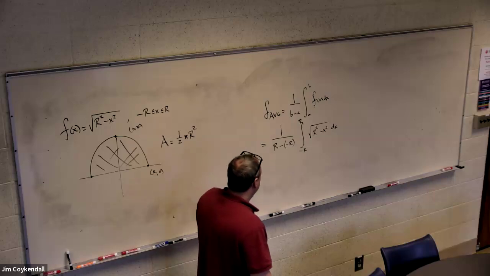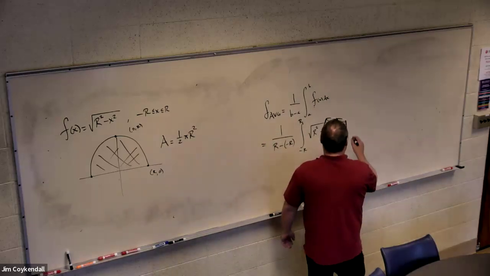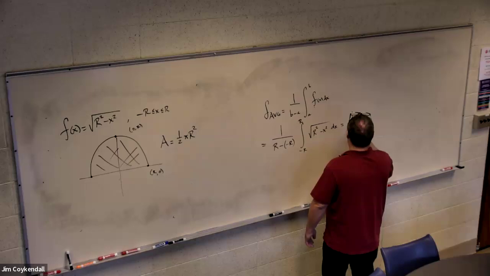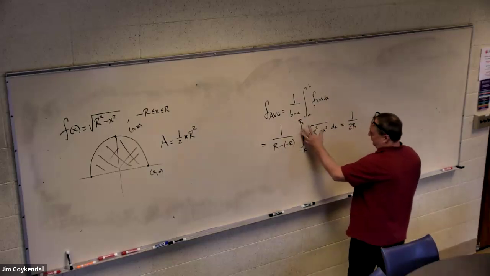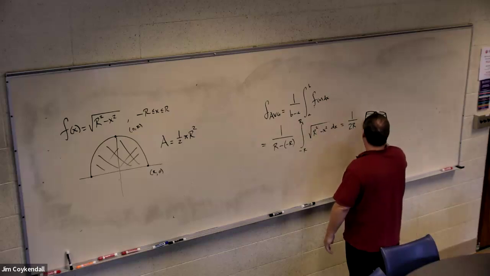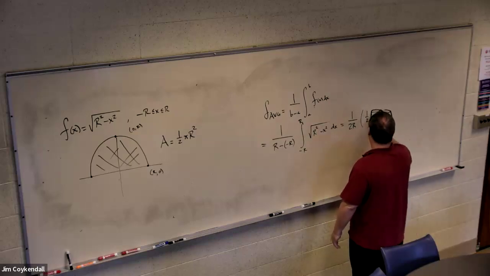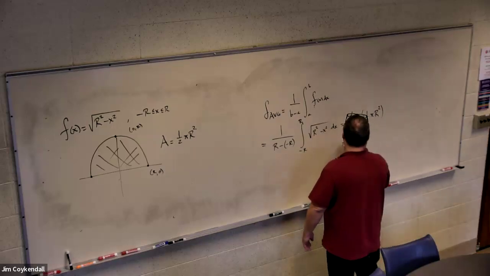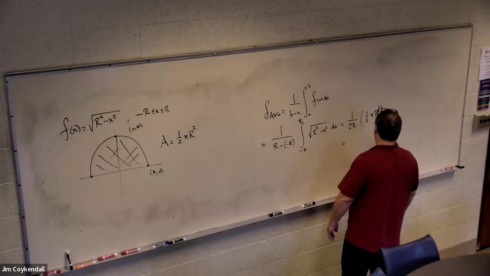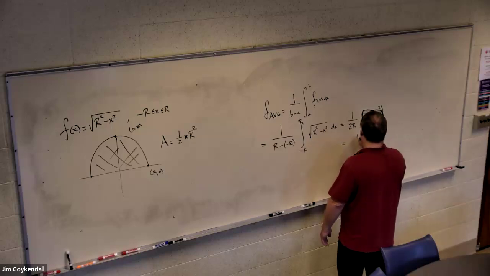So in our case, below the simplified law, this is 1 over 2R. And this thing right here was part A, it's just the area under the curve. This is 1/2 R squared. So I reckon the average value is going to be pi R over 4.